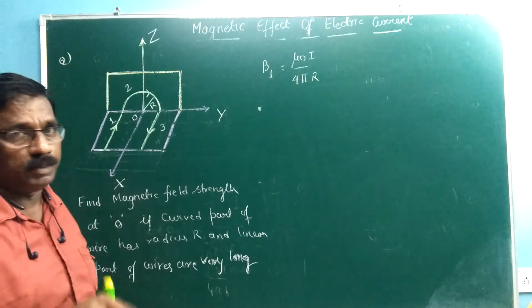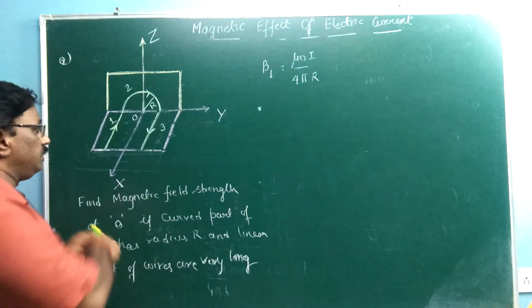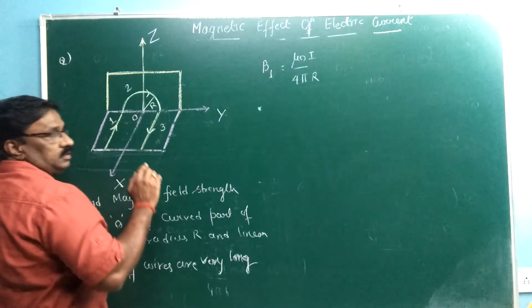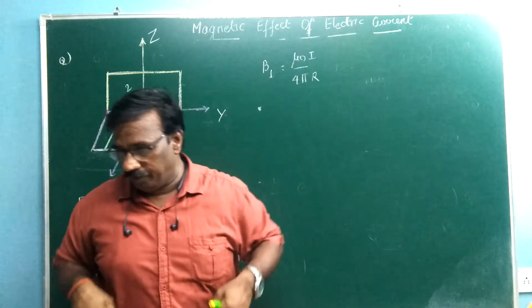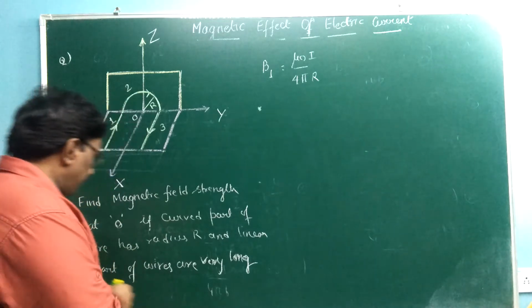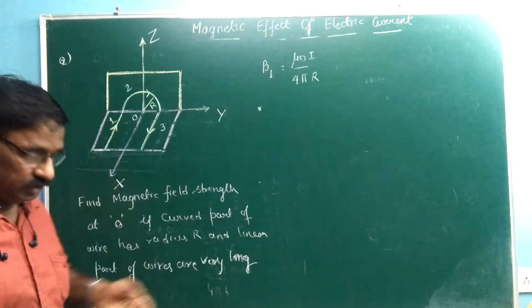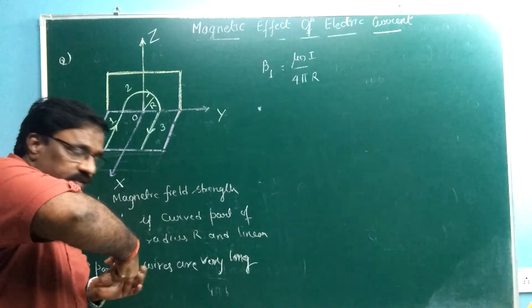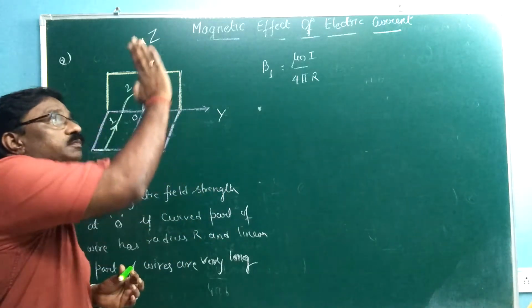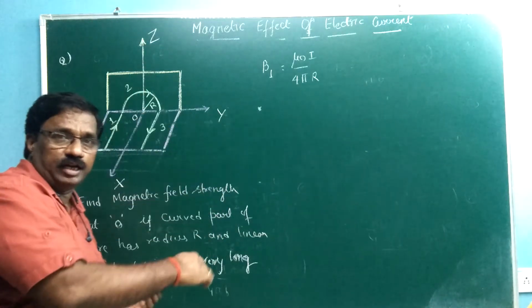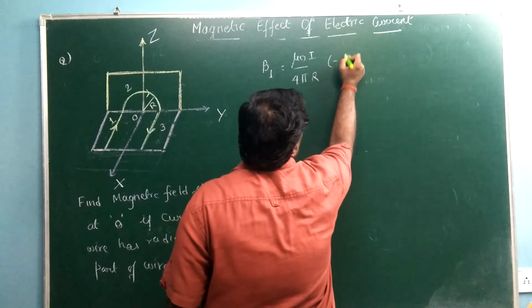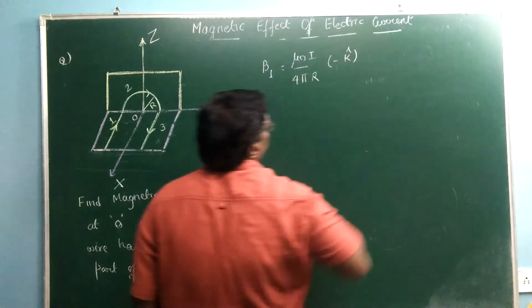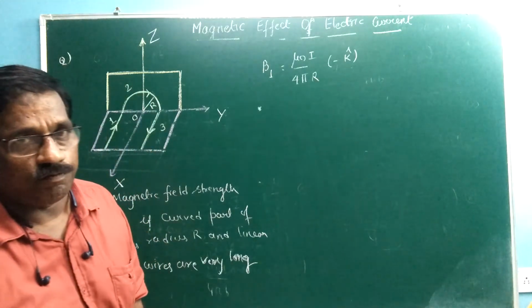The field is perpendicular to the xy plane and it is into, so this is the z axis, this one is x, this one is y. Field is into, this one is positive z, so this becomes negative z. What is the unit vector? Minus k cap. That is the way to give the direction of the magnetic field.